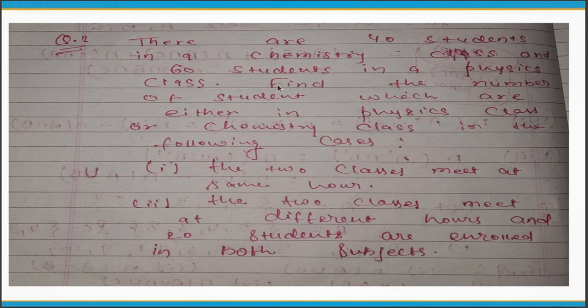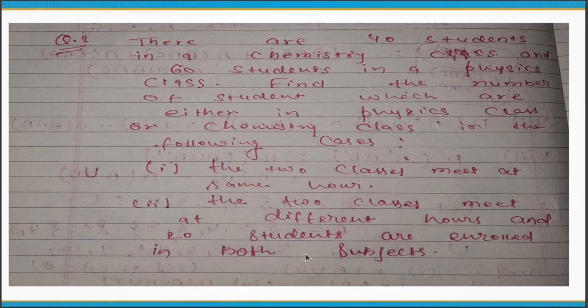Now there is another question: there are 40 students in a chemistry class and 60 students in a physics class. Find the number of students which are either in physics or in chemistry in the following cases. The two classes meet at the same hour; the two classes meet at different hours. 20 students are enrolled in both classes.